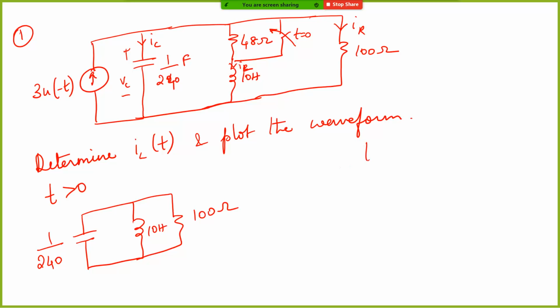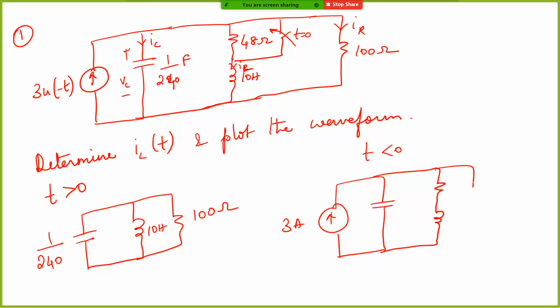For t less than 0, you have this current source, which is 3 amperes, and then the capacitor, resistor, inductor, and this resistor. Try to solve this problem.